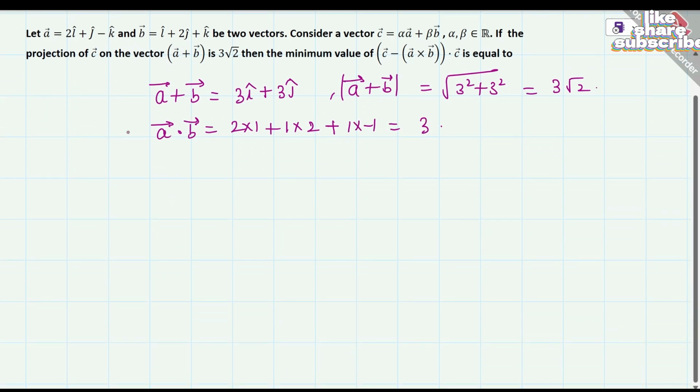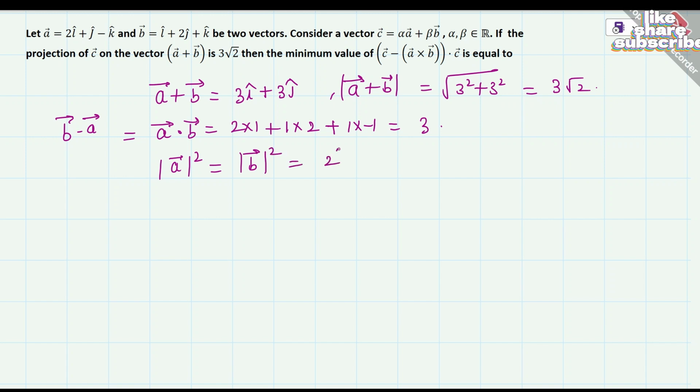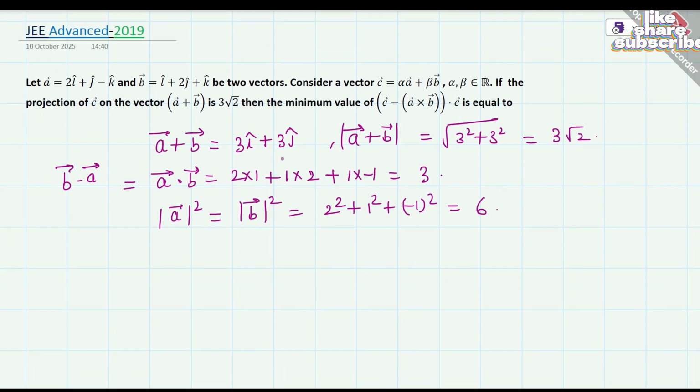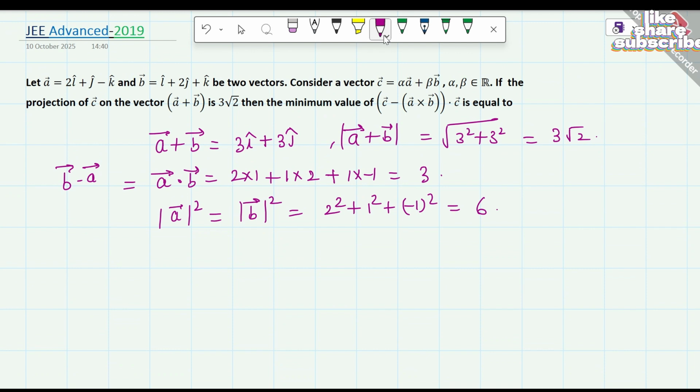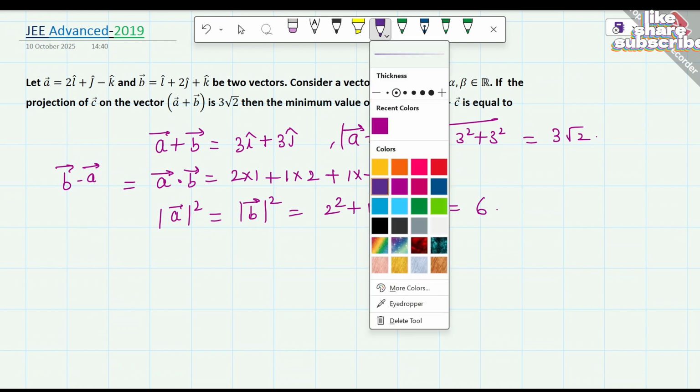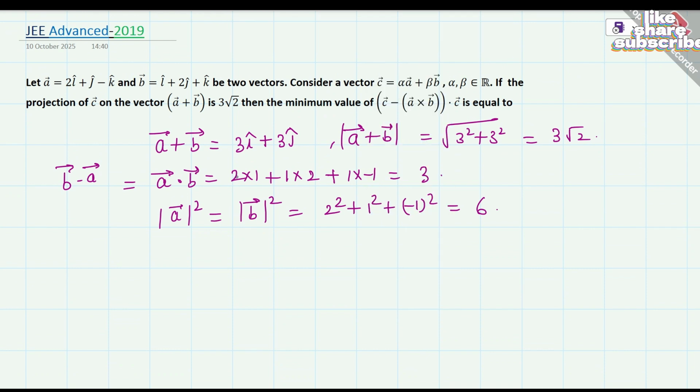This is equal to B dot A. The modulus of A square is 2 square plus 1 square plus negative 1 square, that is 6. These calculations are required in our next steps. So we have to find out this.